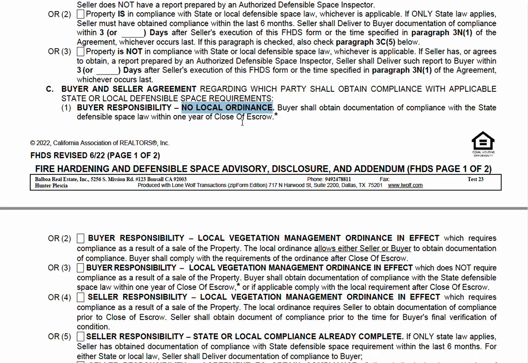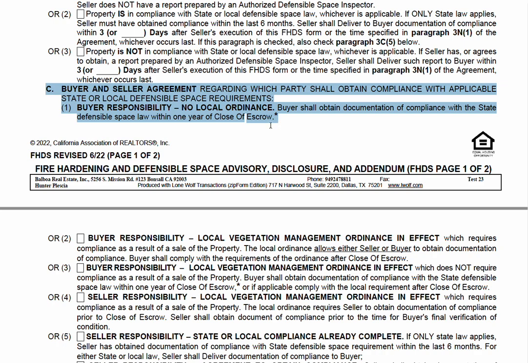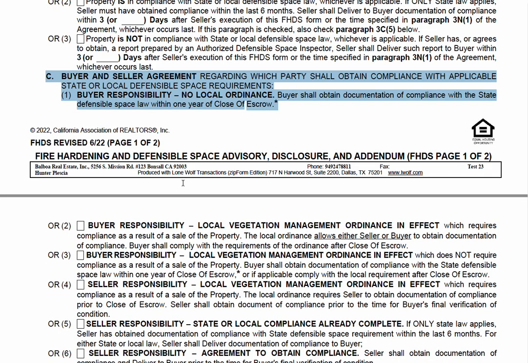The buyer owns it, new owner can deal with it. I'm walking away. That's it. And this is very commonly how this form is left. I'm not saying it always should be like that, but it's very commonly saying if there's no local ordinance known about, that you would just leave it alone and say, hey, there's no local ordinance. And the buyer can deal with any compliance issues in the future because they'll be the owner in the future. Doesn't that make sense? Goodbye.